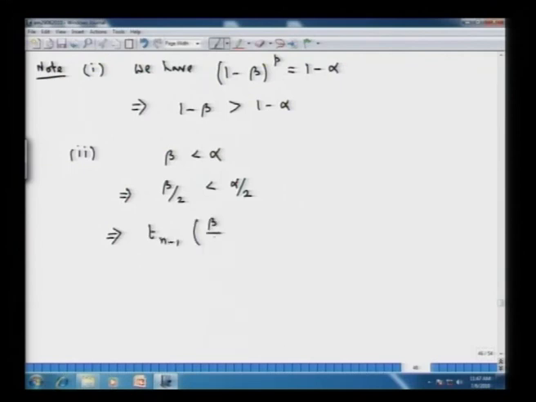Now, let us try to find out the logic behind this particular relationship. We are trying to find out the relationship between these two cutoff points. Suppose this is the T distribution PDF, it is symmetric around the point 0.